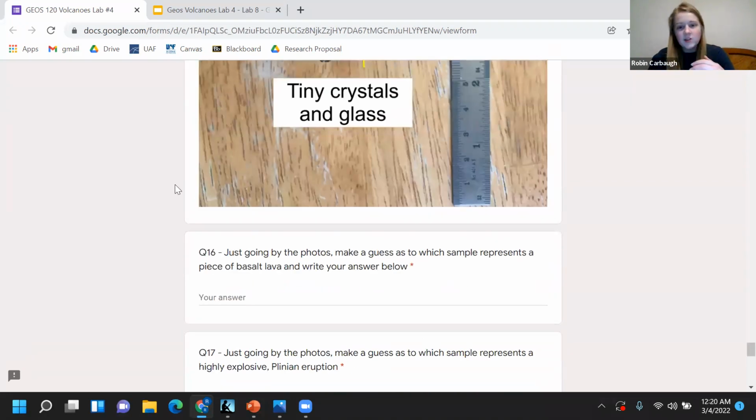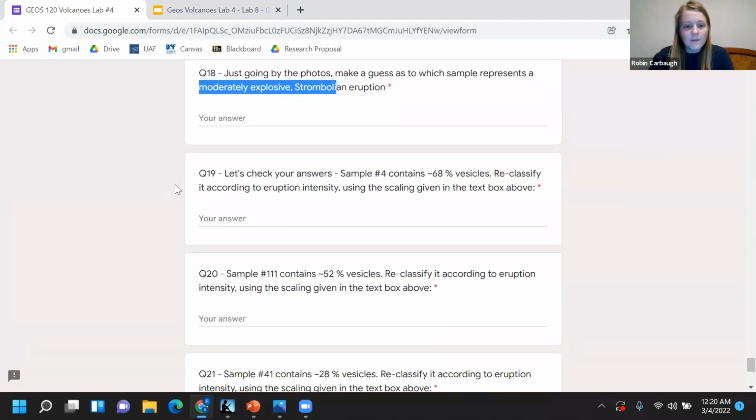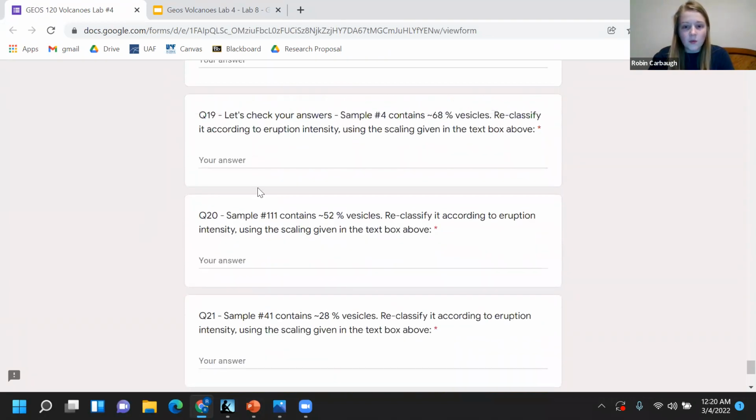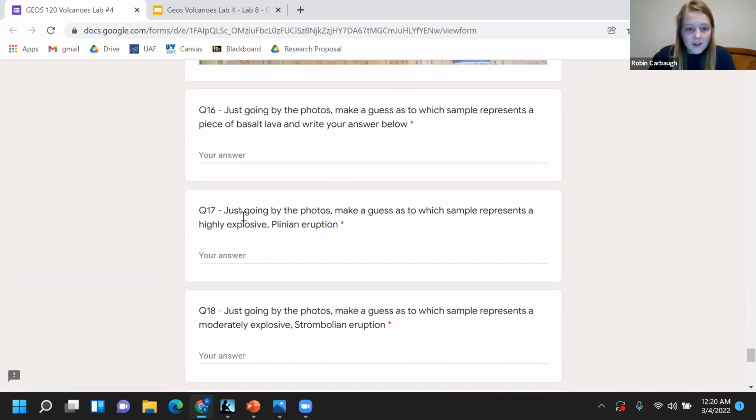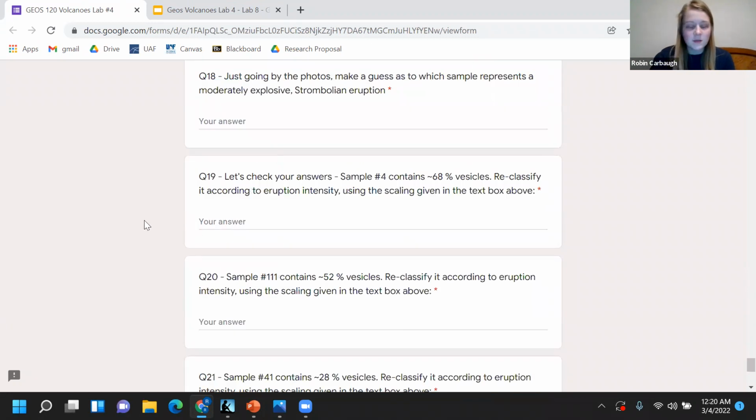So give it a try matching each one down here. But then if we look at 19 to 21, it gives you the percentage of vesicles. So you can figure out like 68%, that would be highly eruptive. So then you can try to find which one is highly eruptive, and you can solve it that way too.